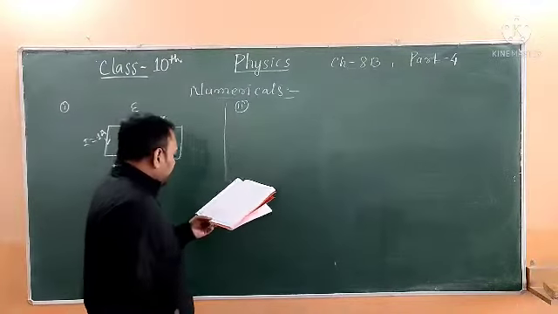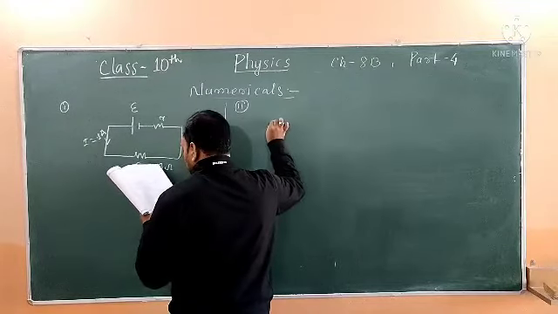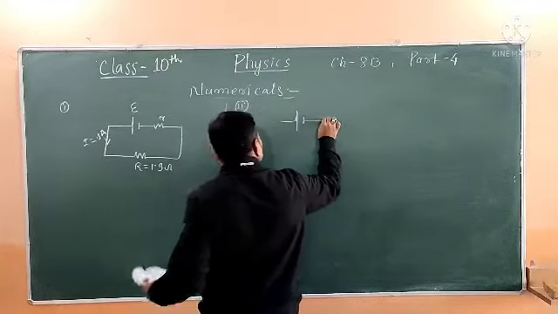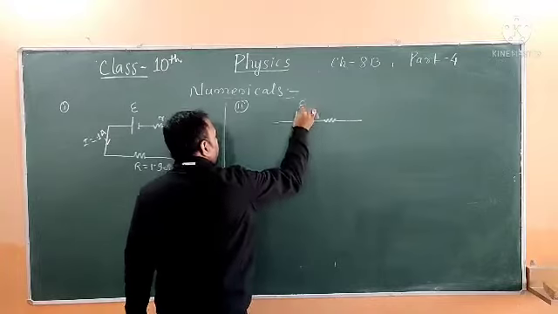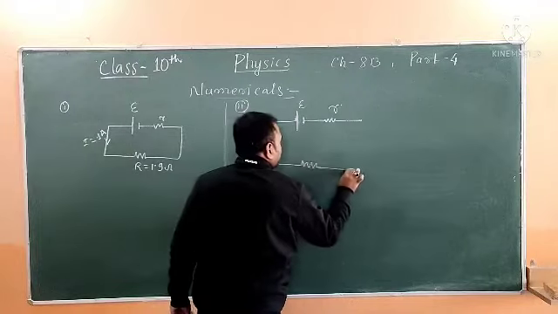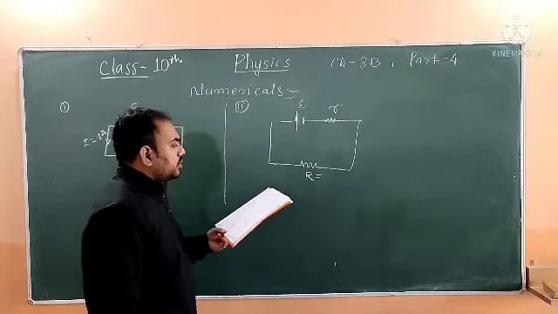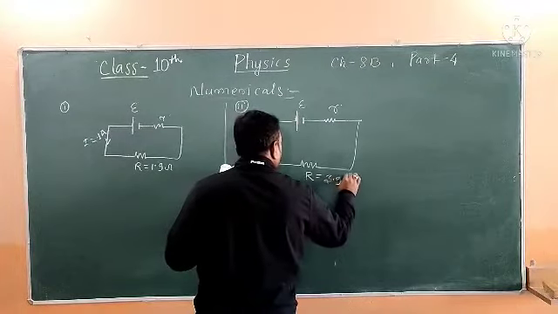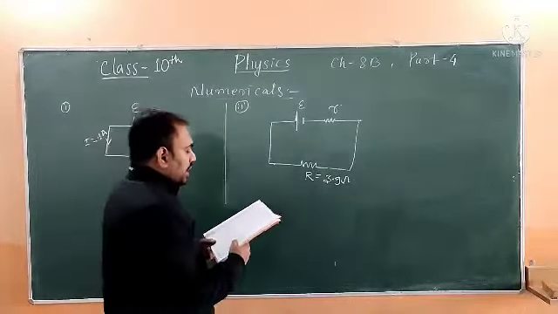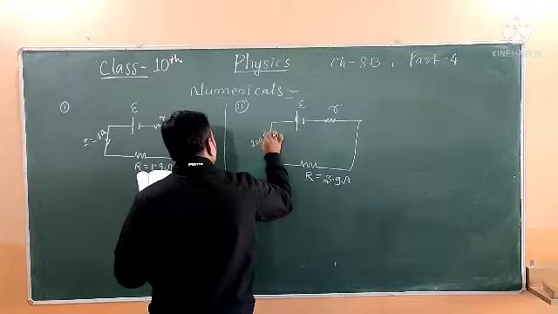But when it is connected to an external resistance, now it is connected again, the same cell of EMF epsilon and internal resistance r, with another resistance R, whose value is 3.9 ohm, the current flowing is 0.5.